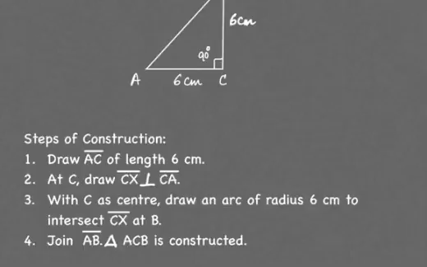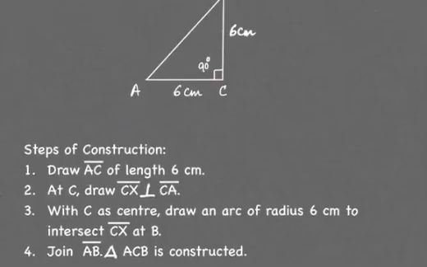Now for the steps of construction, what we did just now, draw AC of length 6 centimeters. We just drew a line segment AC of 6 centimeters. Then at C, we drew a perpendicular, CX perpendicular to CA.